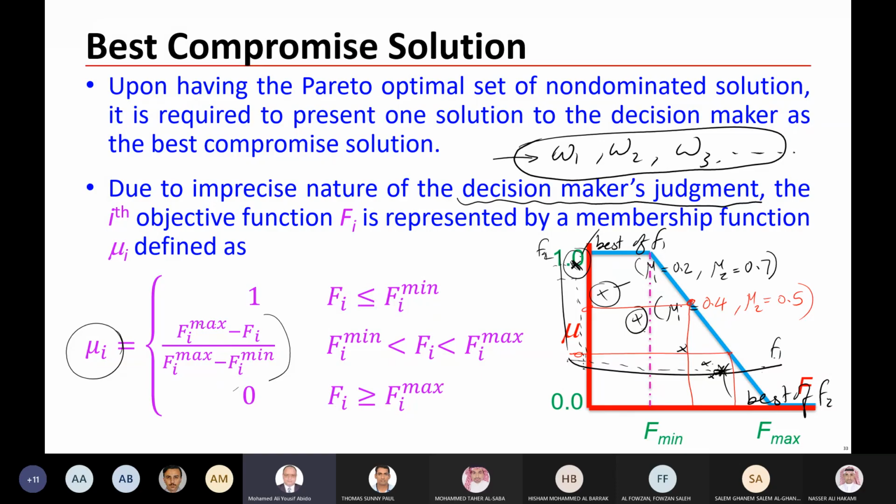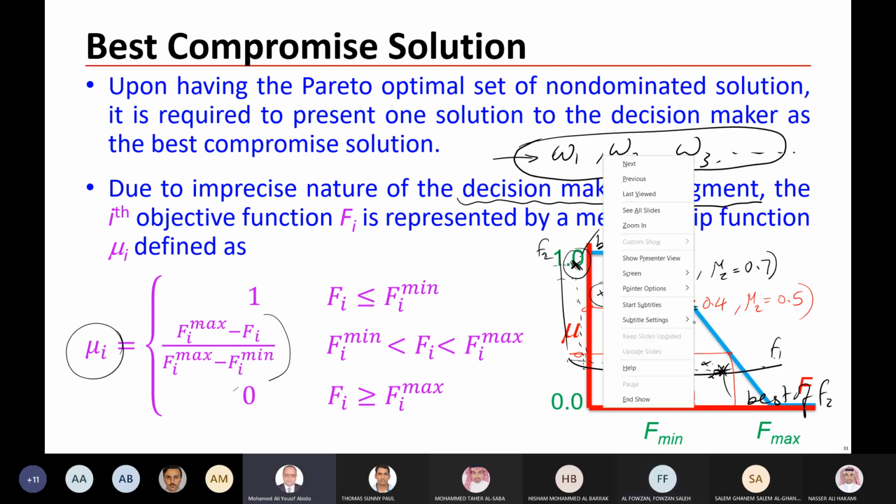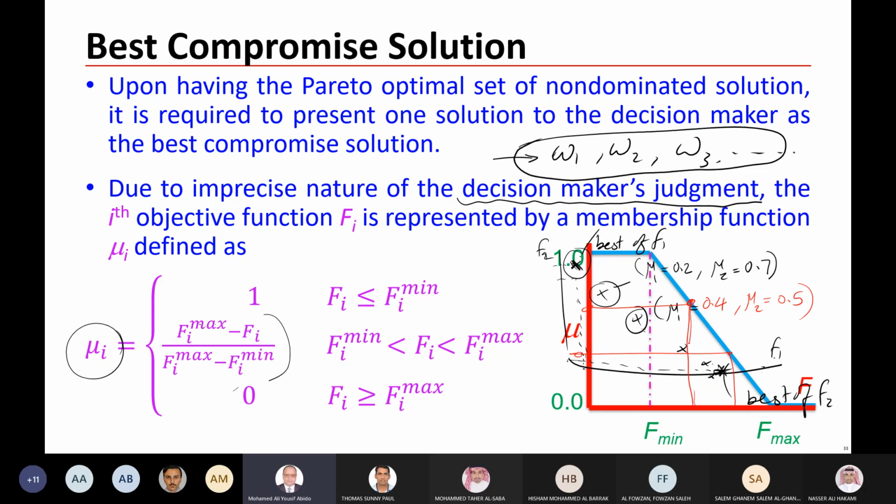And this value is the actual value of the function? No, this is not the actual value of the function, assuming that this is the membership value.